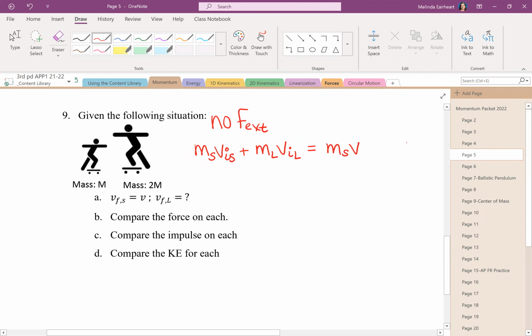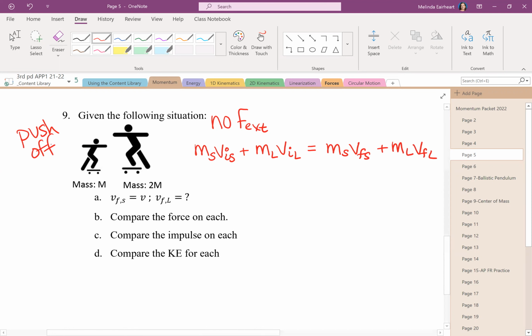Now this one is going to be similar to the explosion from before. Let me focus on my subscripts. It doesn't tell us, but if these two people are on skateboards, they're going to push off of each other. That's the norm. Initially, we weren't given any velocities.